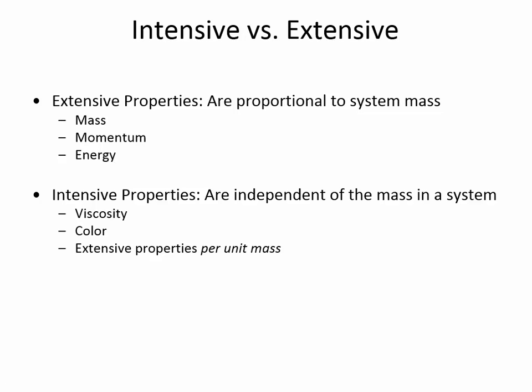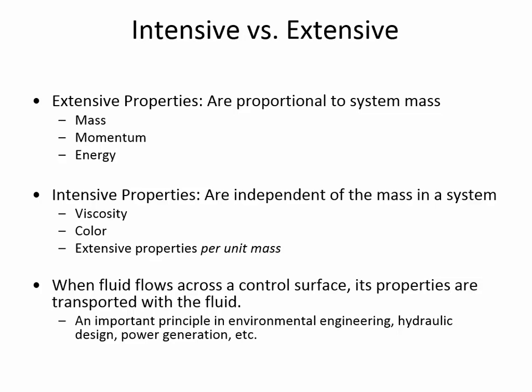If you normalize any one of these extensive properties based on a unit of mass, then that becomes intensive. We don't use these definitions much in problem solving, but it's important to know when we get into the momentum chapter, chapter 6.